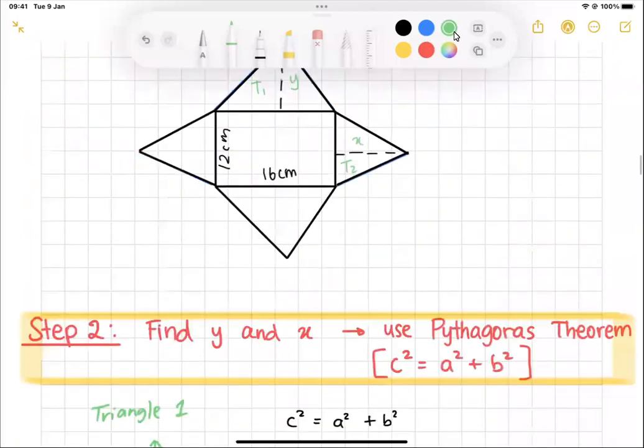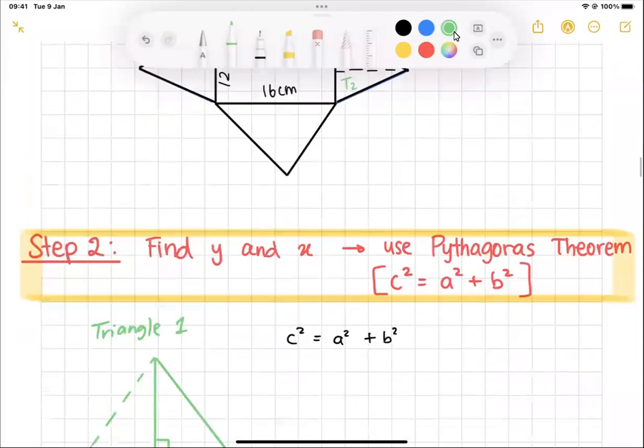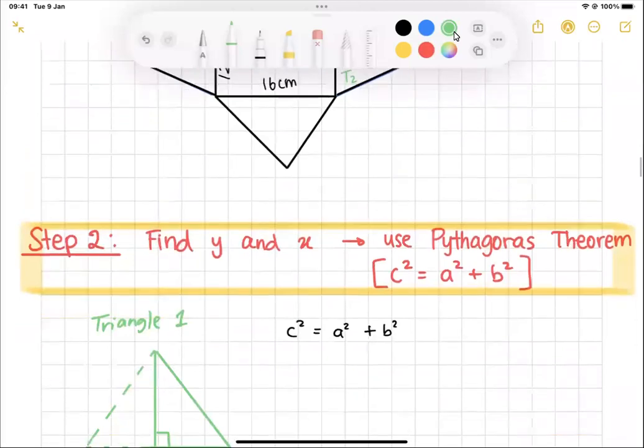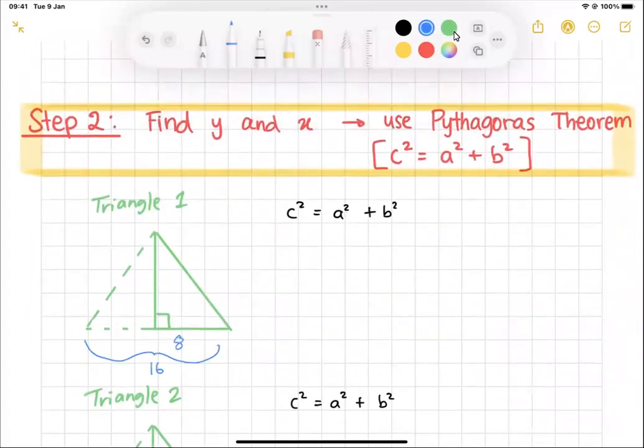I've drawn my triangle for T1. We said that the whole of this is half of that centimeters, right? Then my perpendicular height was 15 centimeters, and we wanted to figure out what Y was, right? How we're going to figure this out is using Pythagoras' theorem.